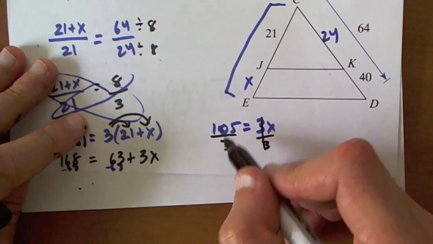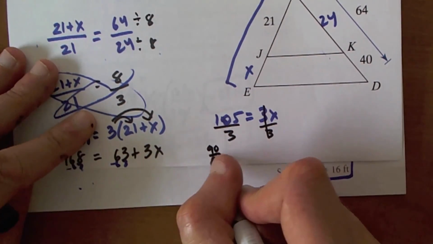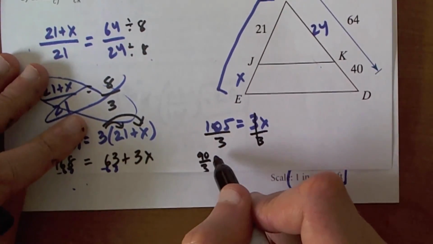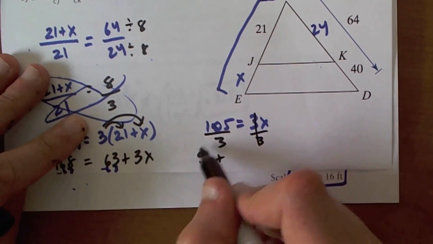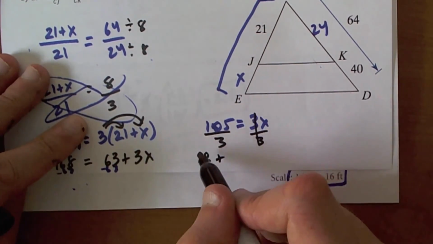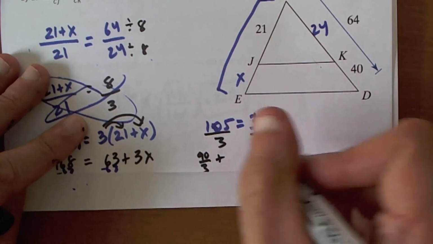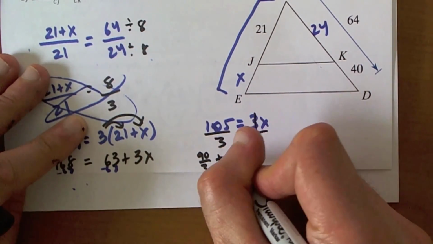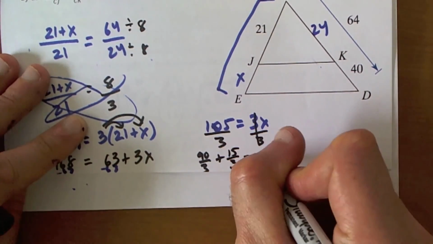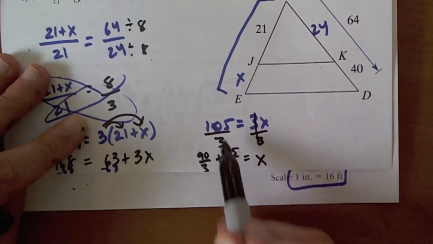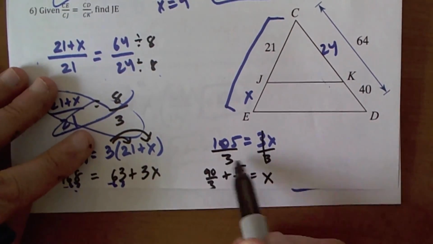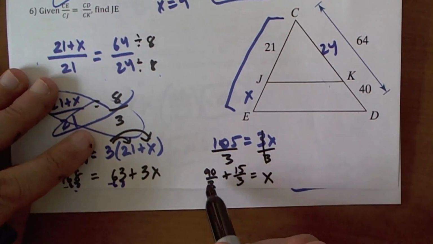I know that 90 divided by 3 is 30. That's pretty easy. And let's see, 90 plus what gives me 105? 10 more gives me 100. 5 more gives me 105, so that'd be 15 more, right? So I could write 105 over 3 as 90 over 3 plus 15 over 3. I know 90 over 3 is 30.